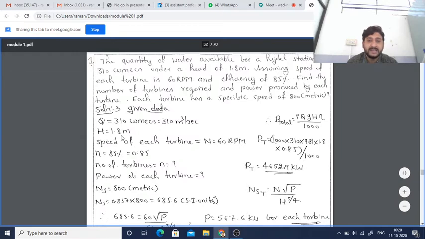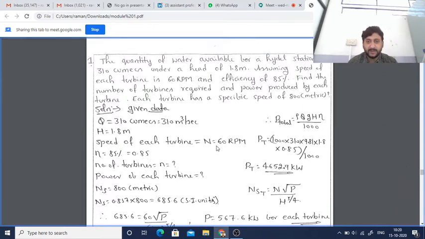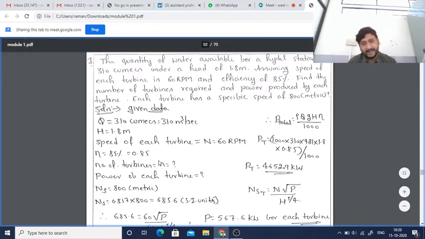Assuming the speed of each turbine is 60 rpm, so N equal to 60 rpm, and efficiency is 85%. Find the number of turbines required and power produced by each turbine. The specific speed of the turbine is 800 metric.